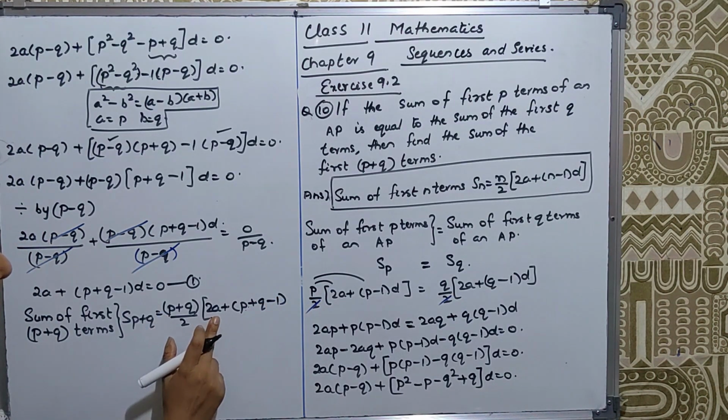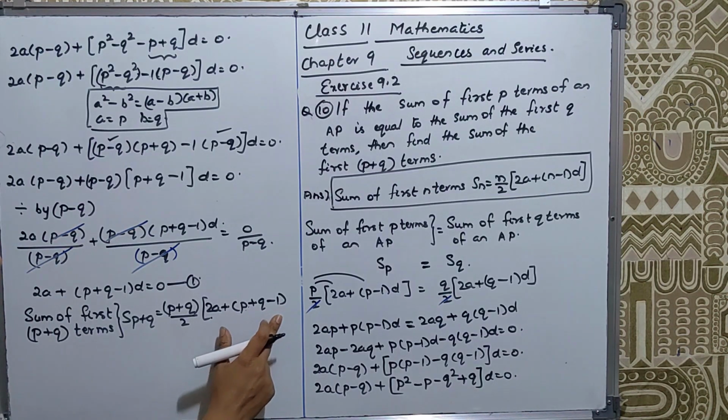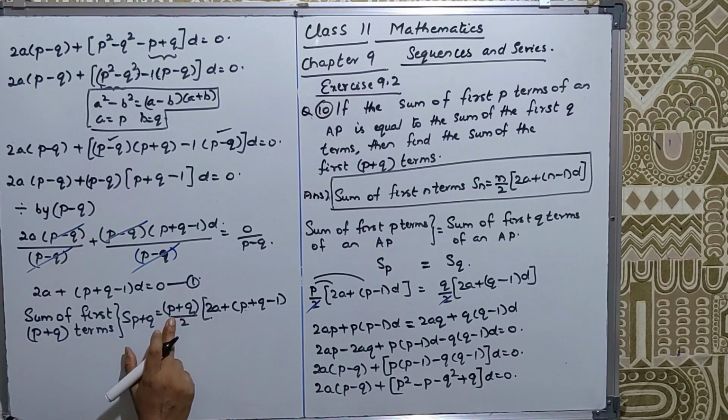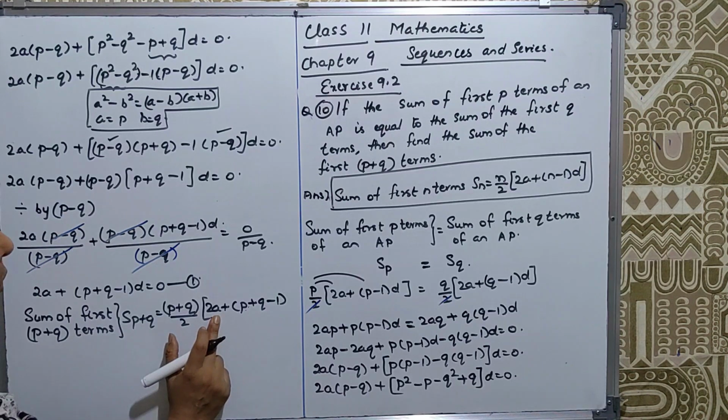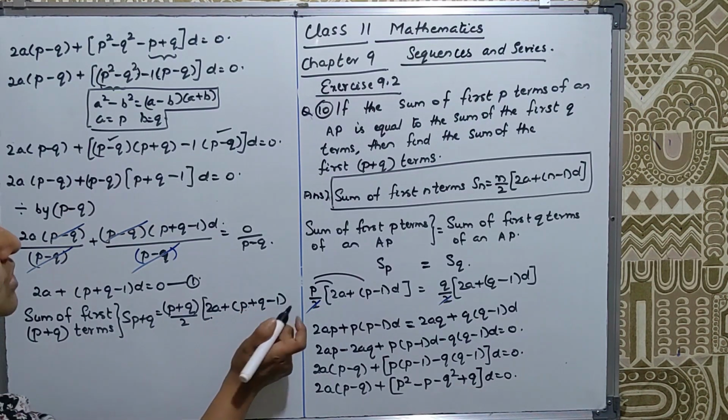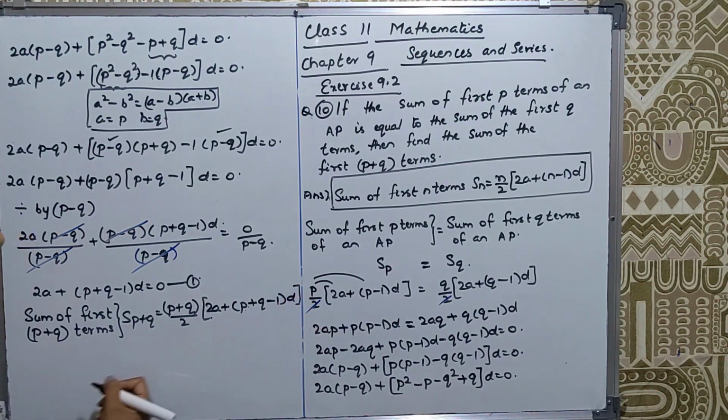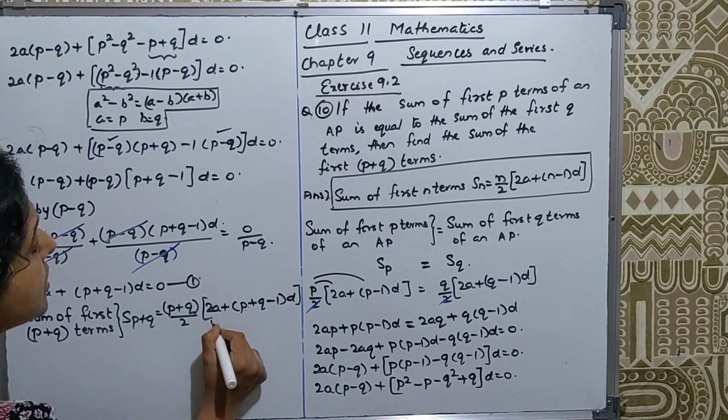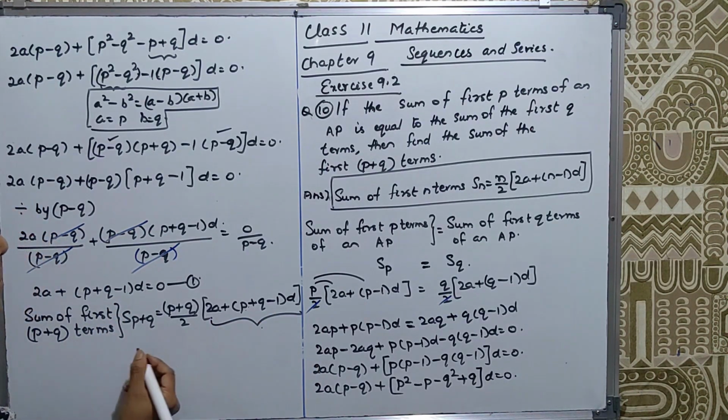N by 2 into 2a plus n minus 1 into d is the formula, but in the place of n we are writing p plus q. But you can see from equation number 1, 2a plus p plus q minus 1 into d is 0. So instead of this one full term, you can substitute 0.